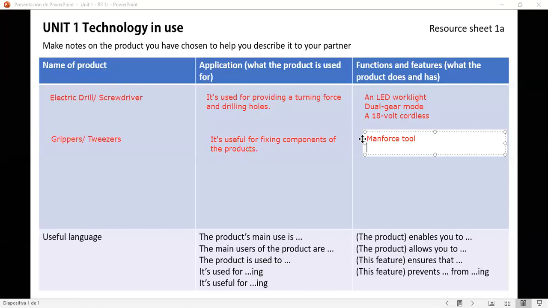We can describe a tweezer, for example. Sometimes this class or kind of product is coated by rubber for isolating, you know.